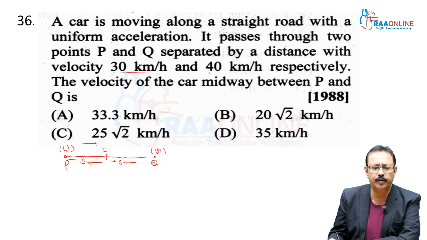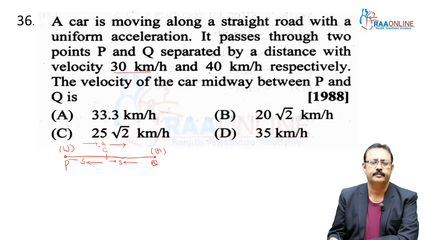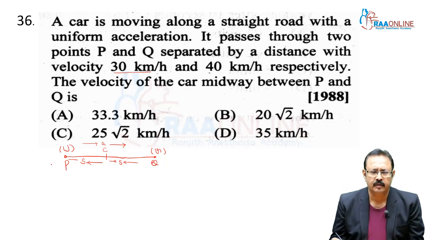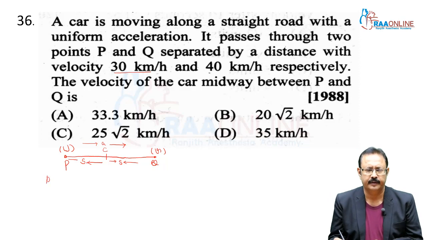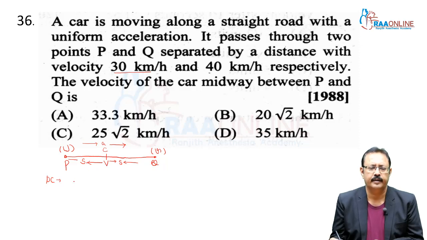The particle is moving with uniform acceleration a. So I am applying the third equation of motion between P and C. At C, I am supposing its velocity capital V. So V square is equal to U square plus 2as.